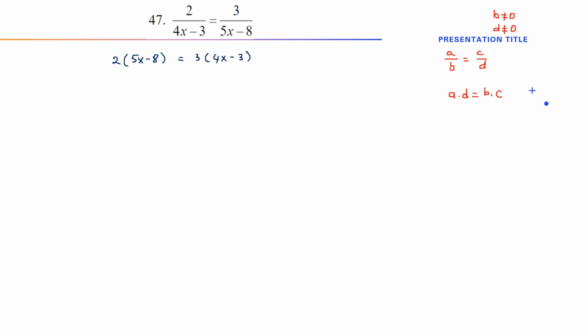And remember, we need the conditions. Our restricted value is 4x minus 3 different from 0.